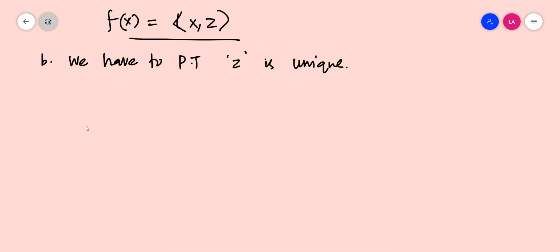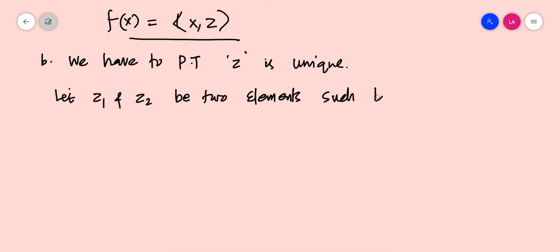Now we take, let z1 and z2 be two elements such that f(x) is equal to the inner product of x with z1, which should be equal to the inner product of x with z2.